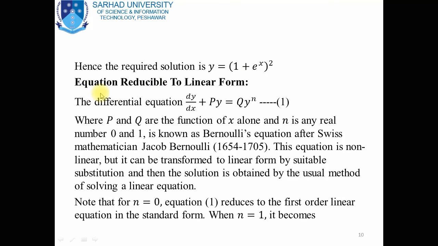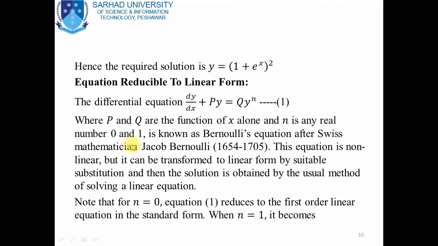Now, equations reducible to linear form. This is called the Bernoulli equation, which we have already discussed in the previous lecture. But today I want to revise the topic with some problems for practice. The differential equation dy/dx plus P(x) y is equal to Q y^n. In this equation, P and Q are functions of x alone, and n is any real number other than 0 and 1.